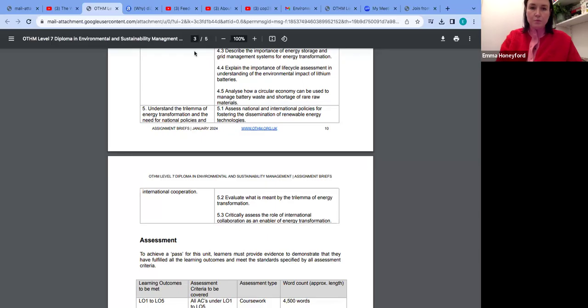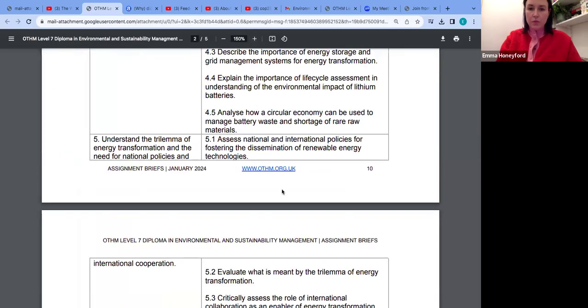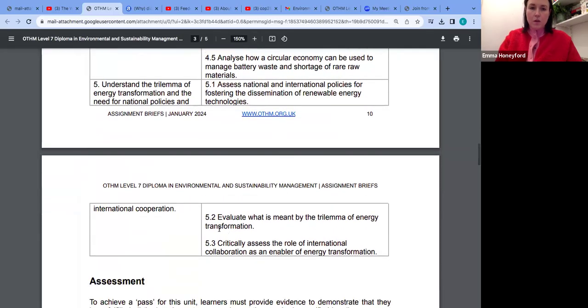Learning outcome 5.2 is to evaluate what is meant by the trilemma of energy transformation. What kind of challenges does it present us with?